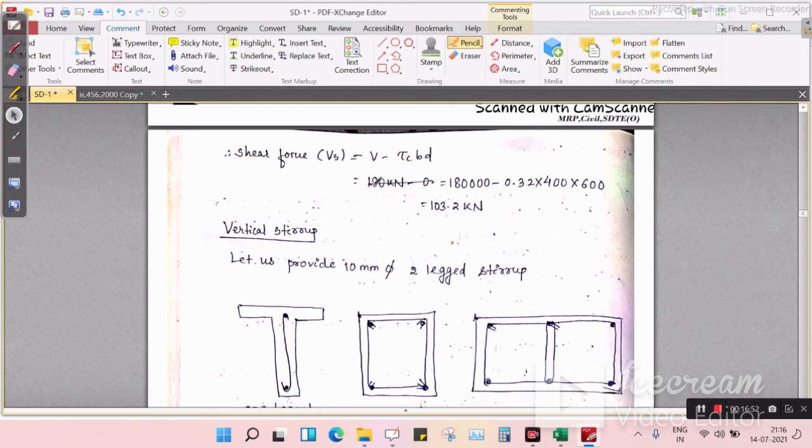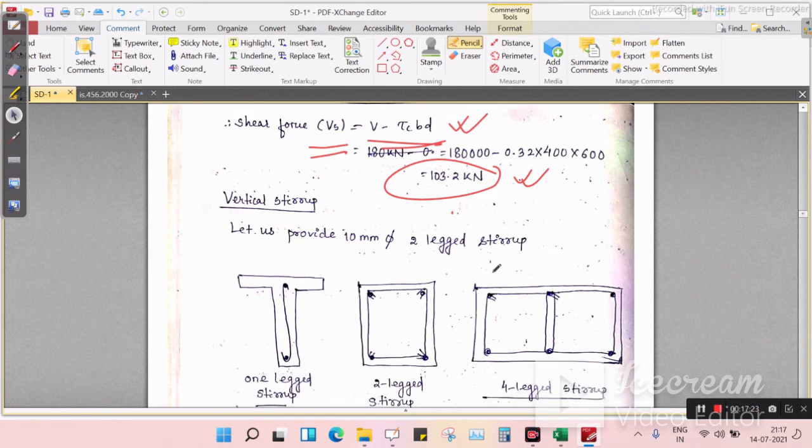You might have some doubt: this is VU, because we have taken the UDL value as factored already. So the value of VU minus tau C BD is 103.2. For this shear force, we will design our shear reinforcement. Before going to the next step, let's discuss something on vertical stirrups.